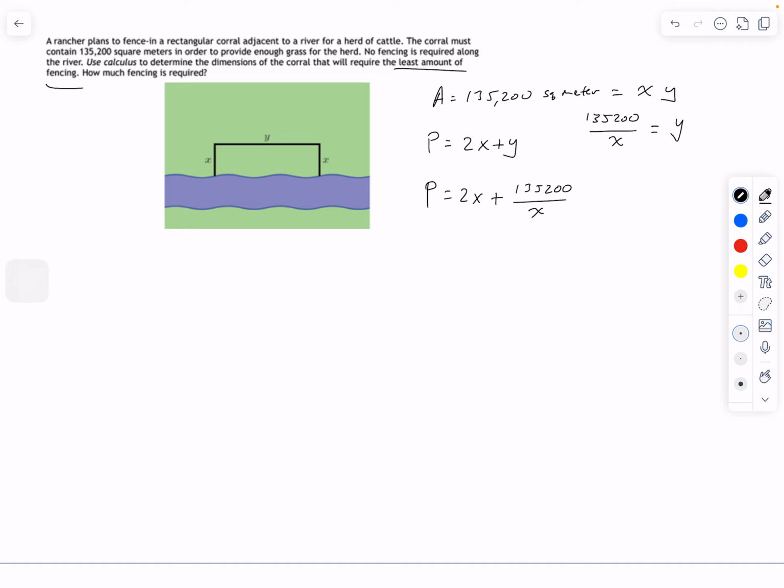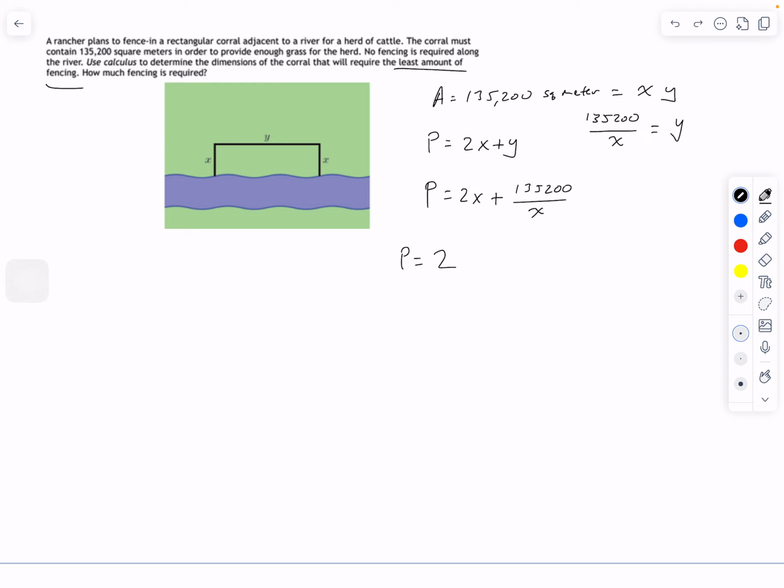And then when we take the derivative of this, we can optimize it. Because remember, we always take the derivative of the equation that we're trying to optimize, in this case the fence. So not the area, the fence. So it's going to be P prime is equal to the derivative of 2x, which is just 2, and the derivative of 135,200 over x.